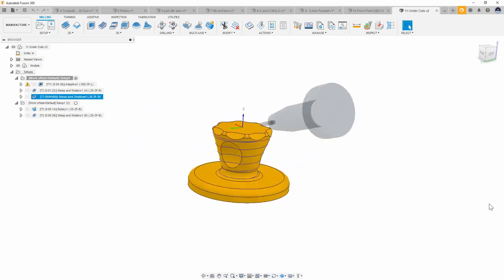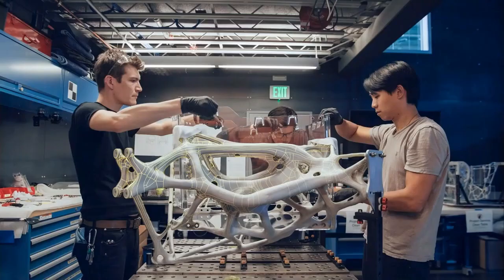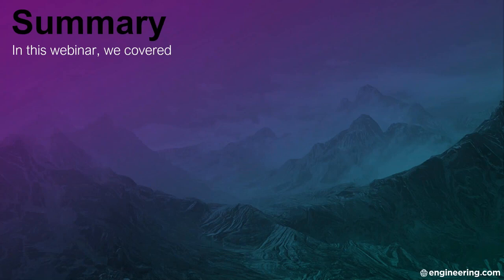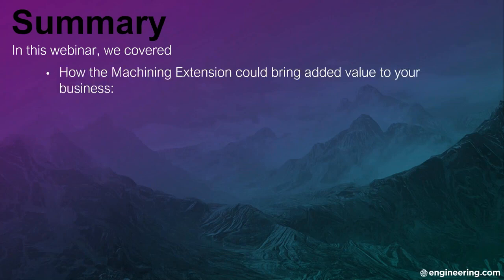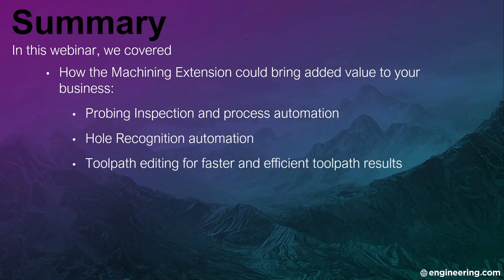So with all that being said, let's hop back to my PowerPoint because we're nearing the top of the hour, and I'm going to go to the summary. In this webinar, here are some of the things that we covered. We talked about how the machining extension can bring added value to your business through probing and inspection process automation, hole recognition automation, and toolpath editing for faster and more efficient toolpath results.